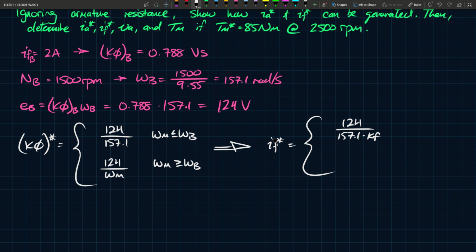If it's not, then you can't use this value of kf anymore. And here you have 124 over omega m kf, and so this is for omega m less than omega b, and this is for omega m greater than omega b.